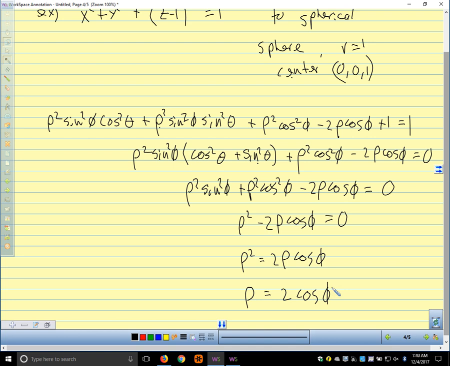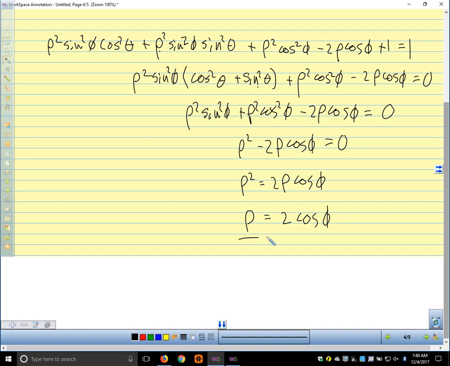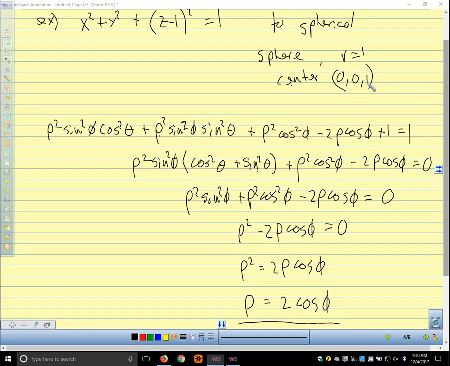Do we get a value where rho is 0? Yes, when phi equals pi over 2, we get rho equals 0, so we don't lose that solution. So this is the equation of a sphere with radius 1, centered at 0, 0, 1.